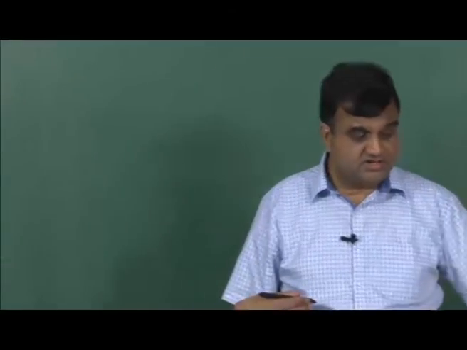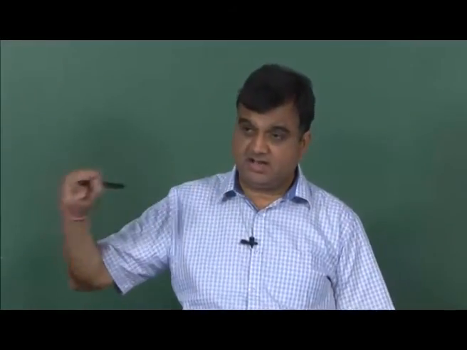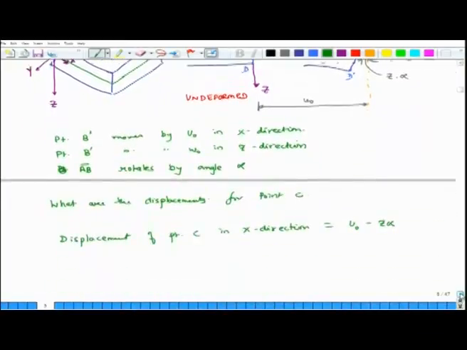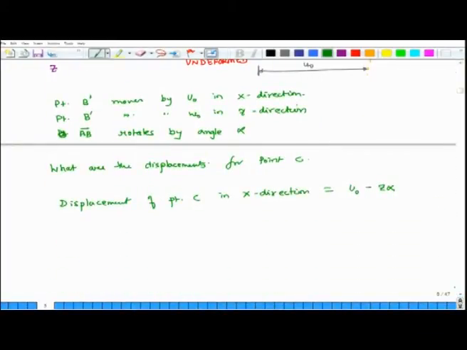So, point C will experience not only displacement in x direction, but will also experience displacement in y direction, and we can create a similar figure, but for the y direction, we can say that displacement of point C in y direction is equal to v naught minus z times.